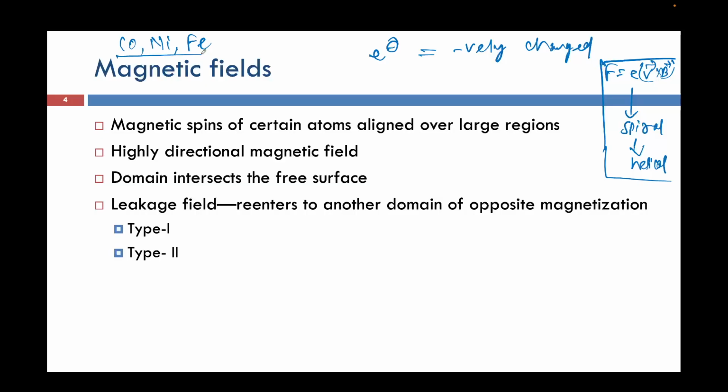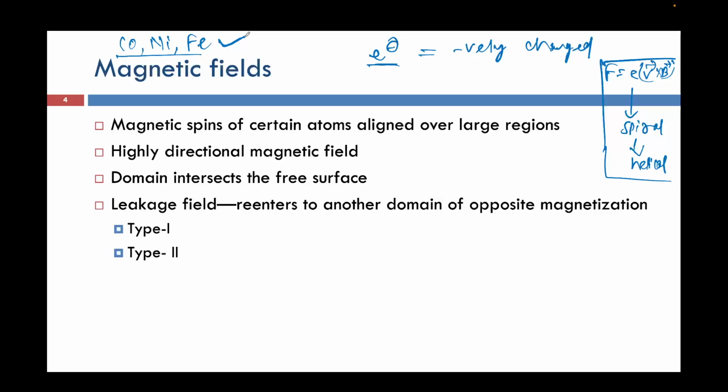Now when the electron beam, carrying negatively charged particles, experiences the magnetic field of these materials, what will happen? It will also experience some amount of force, and that will give some amount of contrast to our microstructure.